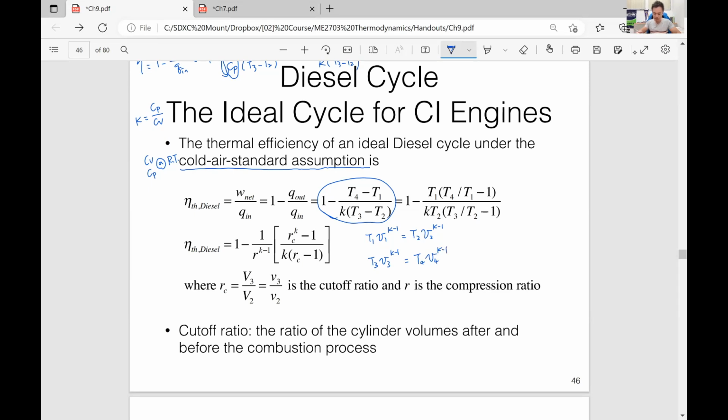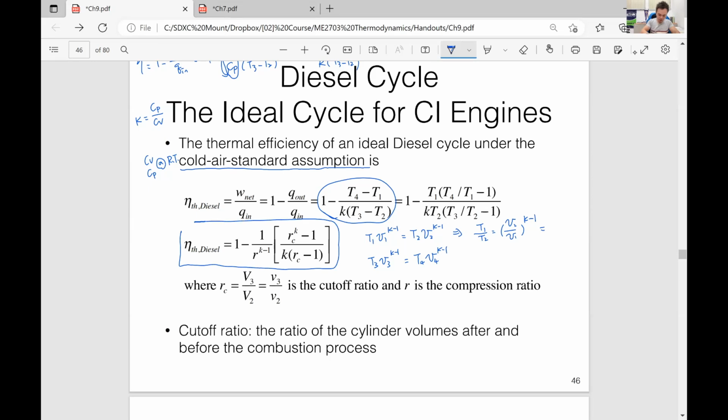Then you can rewrite this, right? T1 over T2 is V2 over V1 to the k minus 1. Then replace the specific volume using corresponding values, then you will have this.